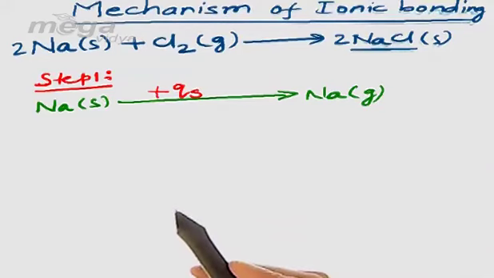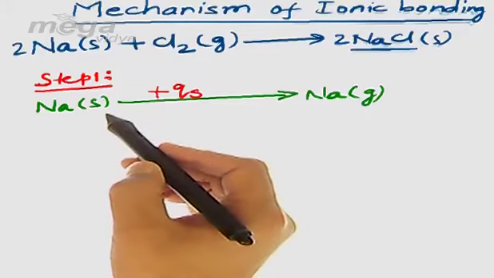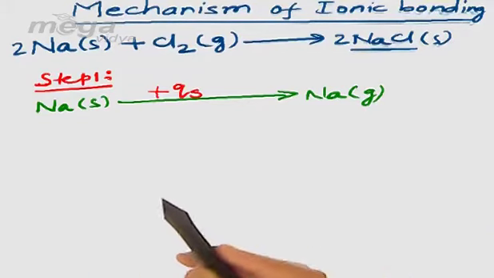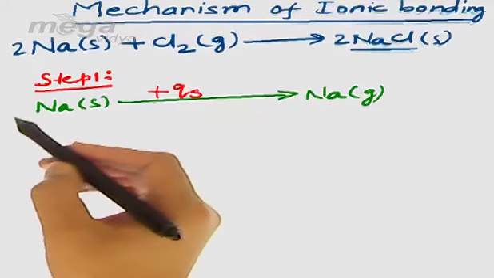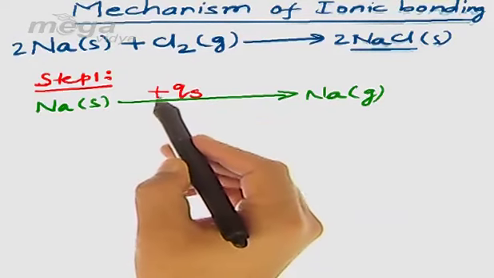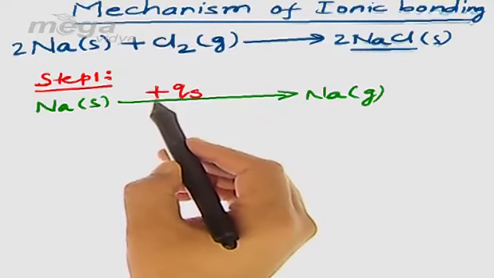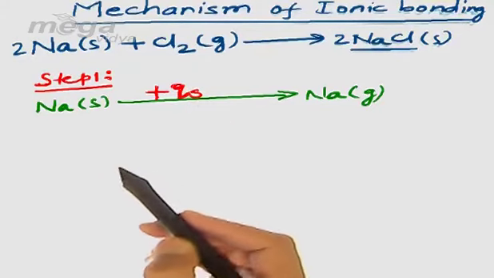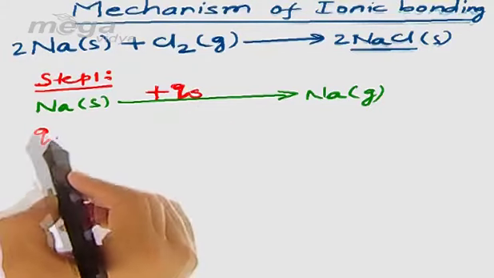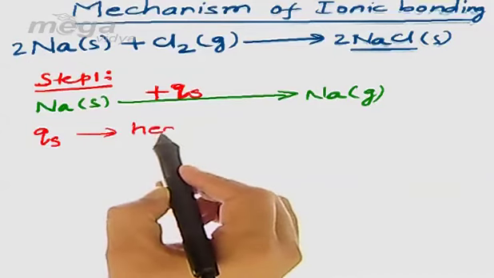Sublimation is a process where there is a direct phase transition from solid to gas or vice versa, and the same thing we are observing here, that solid sodium is converting into gaseous sodium. So the process is sublimation, and since heat energy will be absorbed during this process, we are representing it by plus. For heat we are writing Q, and for the sublimation process we are writing S. So here Qs represents the heat of sublimation.